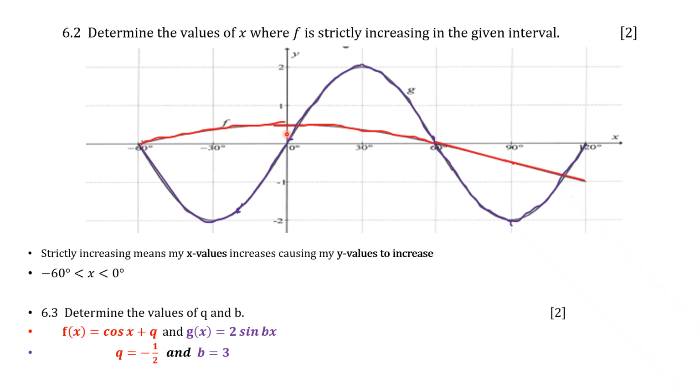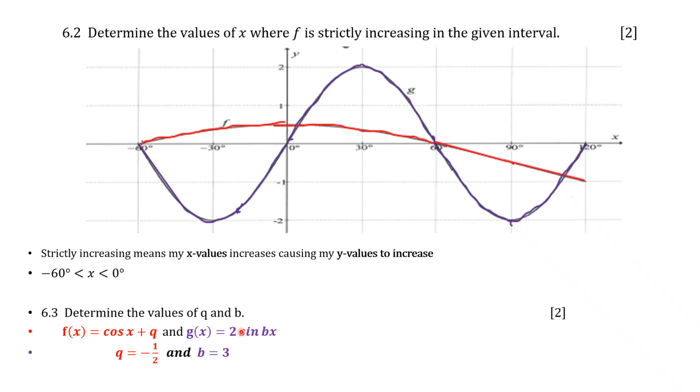So the graph is shifted half a unit down. Remember, cos of 0 is supposed to be 1, but here it goes through half. So 1 minus half gives me half. Therefore, q is negative half.